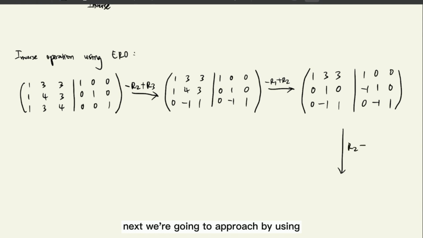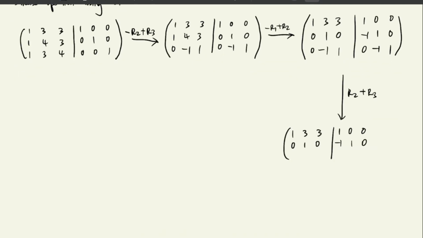Next, we're going to approach by using R2 plus R3, and the third row would be 0 plus 0 is 0, 1 plus negative 1 is 0, 0 plus 1 is 1, and on the other side, negative 1 plus 0 is negative 1, 1 plus negative 1 is 0, and 0 plus 1 is 1.